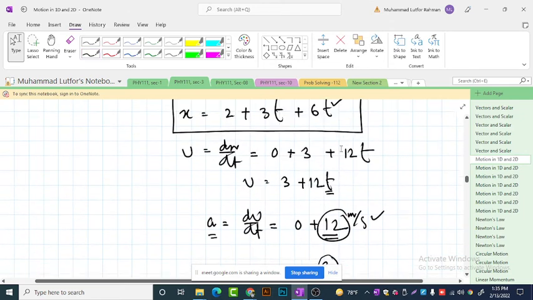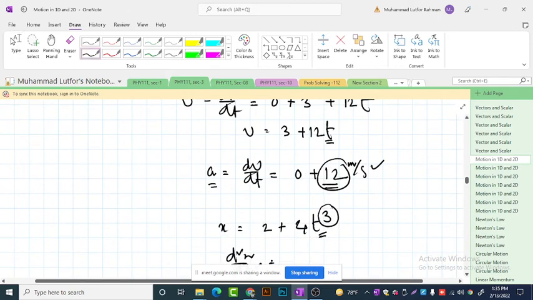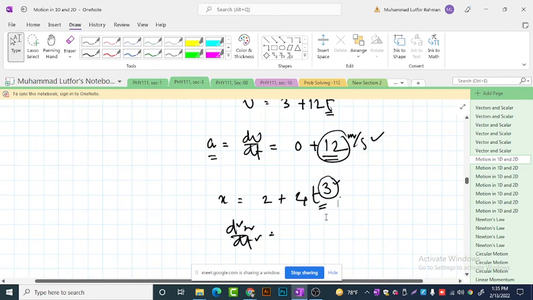When the power is 2, the t vanishes after taking the second time derivative. But over here the power is 3 of t. After taking the second time derivative, there will still be a 1t in that equation, which means this equation is not independent of t. It will depend on t. Then I can say the particle is not moving at a constant acceleration at all. Its acceleration will change with respect to time.